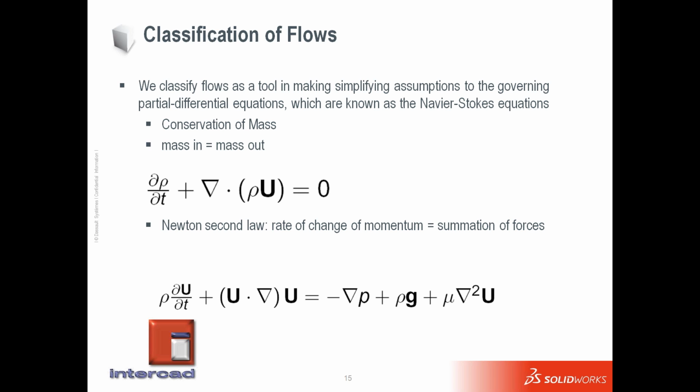So, about the classification of the flow. We can classify flow as a tool in making simplification assumptions to the governing partial differential equations. The major equations we solve when we would like to solve a fluid domain are, first, conservation of mass, which simply says if you have a fluid region you would like to study, whatever mass is coming in should go out.